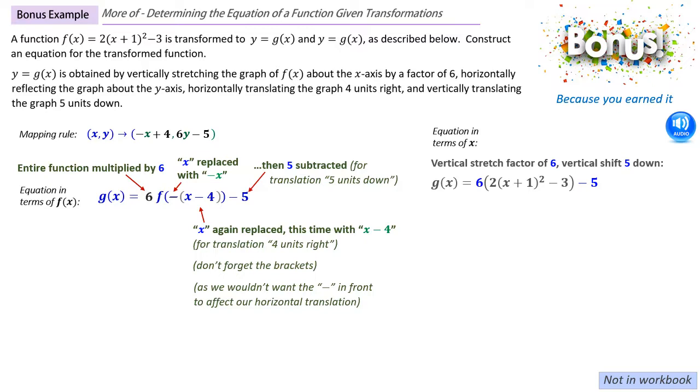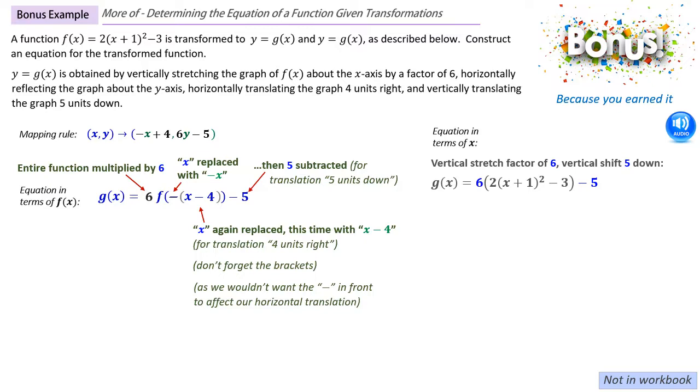So, let's see our equation in terms of x. It's important that we apply stretches before translations within each direction, which is to say, it's okay to apply a vertical translation before a horizontal stretch, but not a vertical translation before a vertical stretch. So the first thing I'll do is multiply my entire original function by 6. This is the vertical stretch of 6.